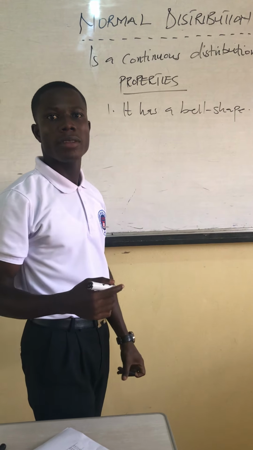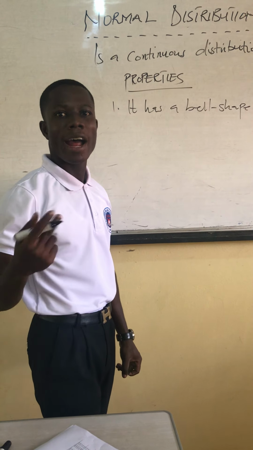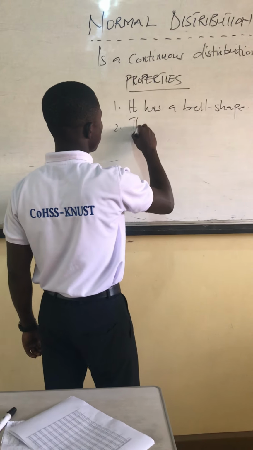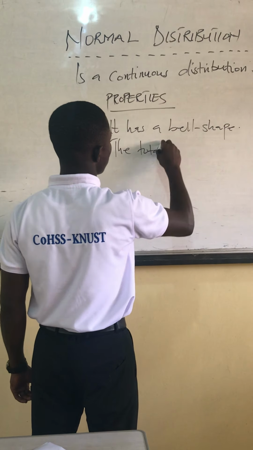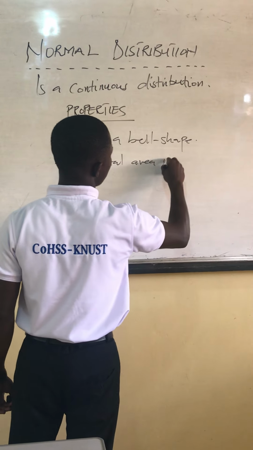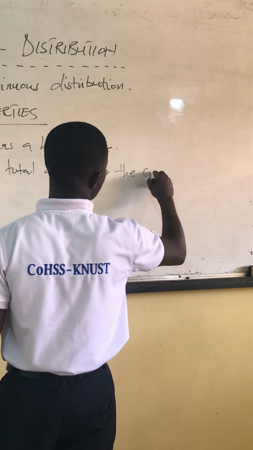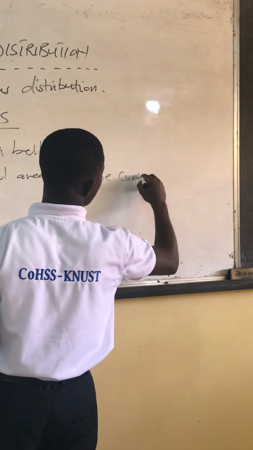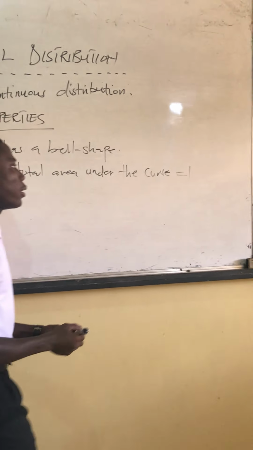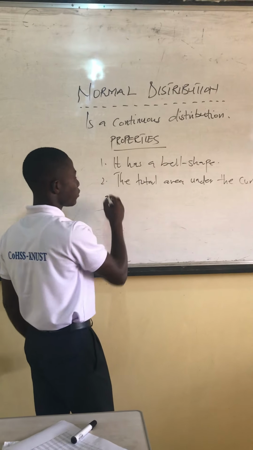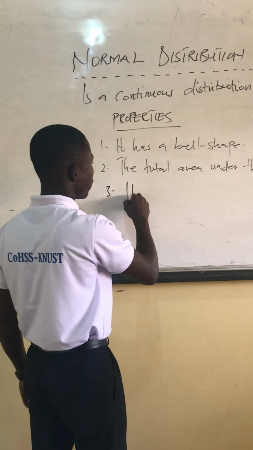The second property is that the total area under the curve is equal to 1. That's the second property. The third property is that it is symmetric.